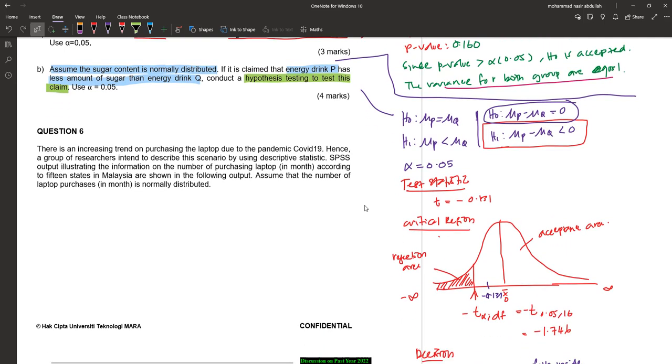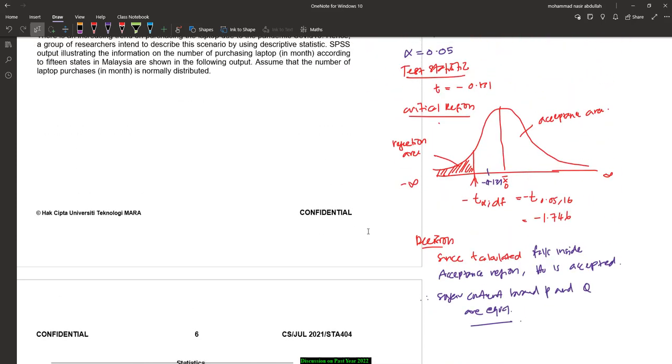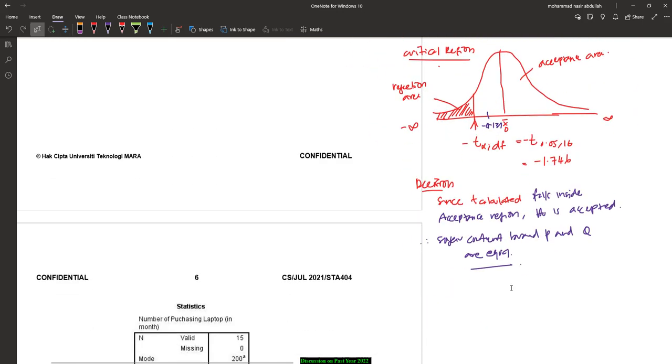So there is no difference between P and Q in sugar content. So this is only 4 marks. So doing it this way is okay.